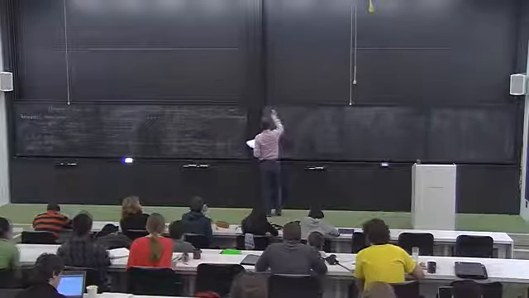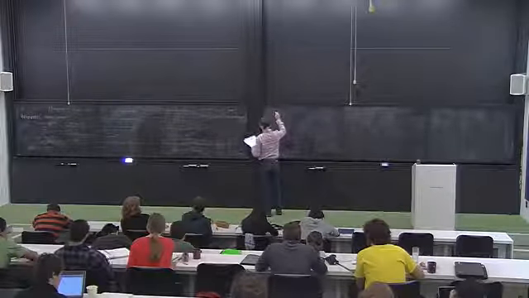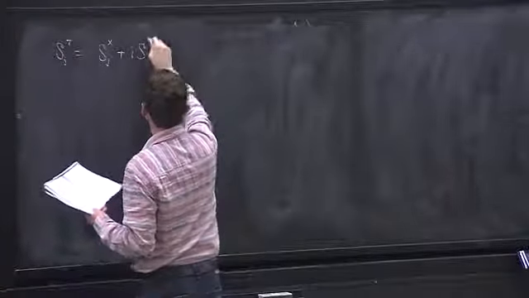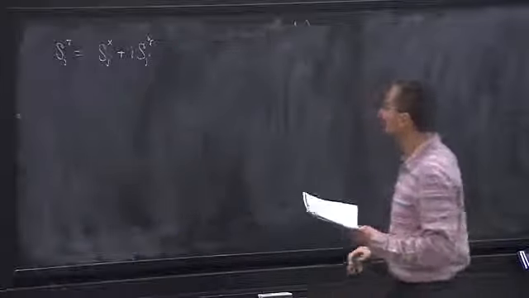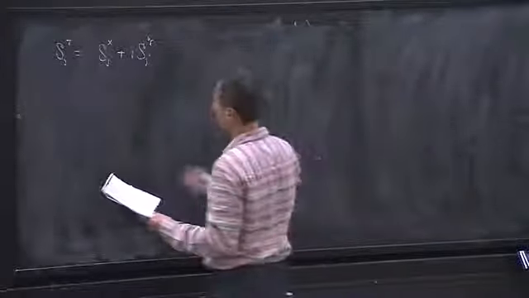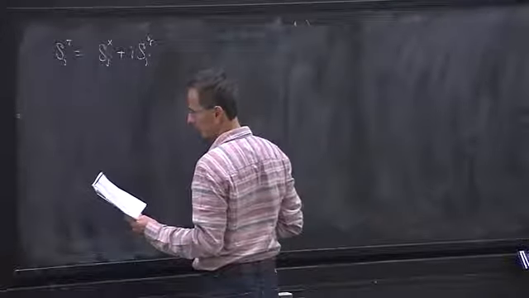First of all, you write on any given site S plus, which is S_j^x plus i S_j^y. So this is like a spin raising operator that raises the Sz value of the spin on site j by 1 unit.